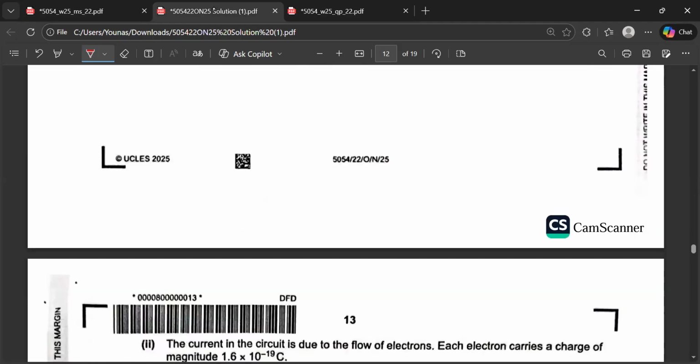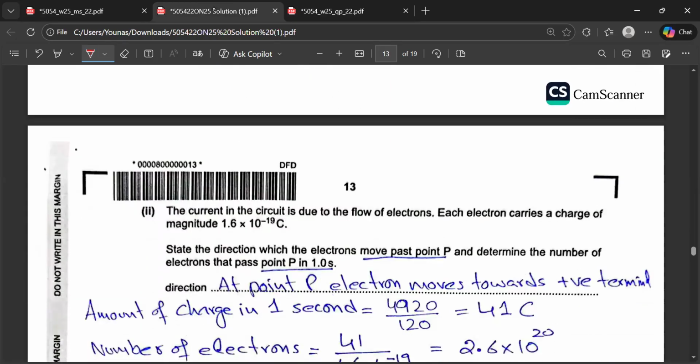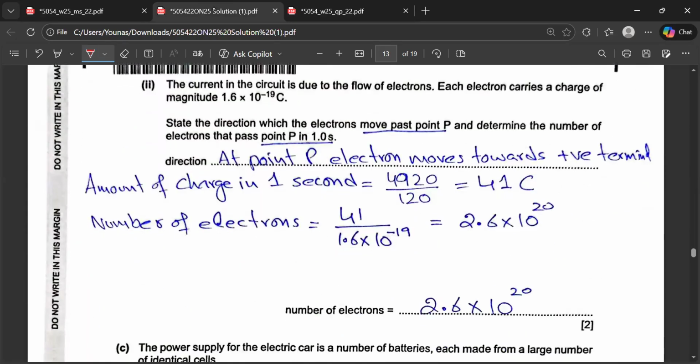So in 1 second, how much charge will flow from there? Because this 4920 amount of charge flowed there in 120 seconds, in 1 second the amount of charge will be equal to 41 coulomb.